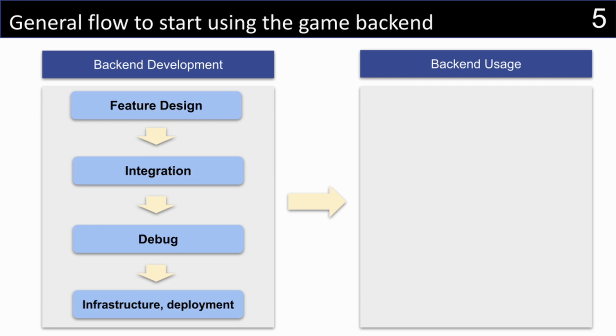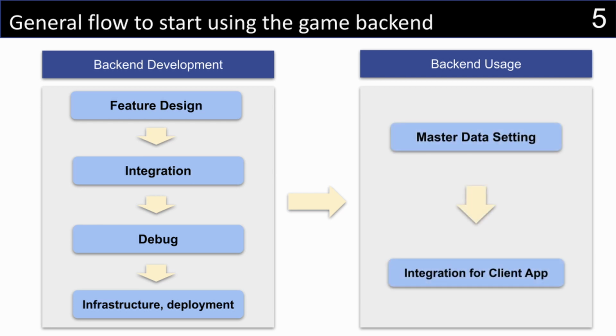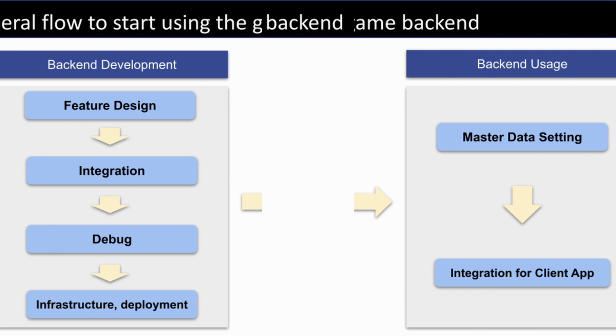Once the backend environment is set up, work needs to be done to utilize it. Necessary master data is set in a database or similar, and then the game client implements the process to call the backend. This workflow needs to be followed for each backend function, making the whole process time-intensive and complex.